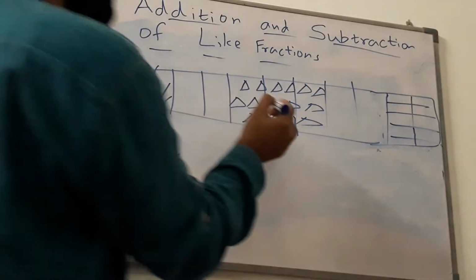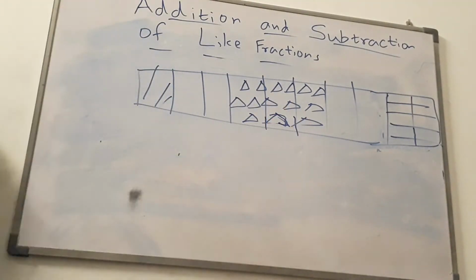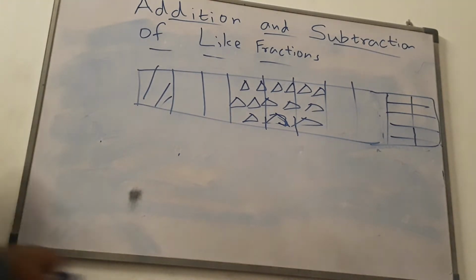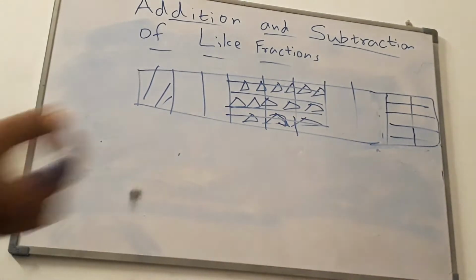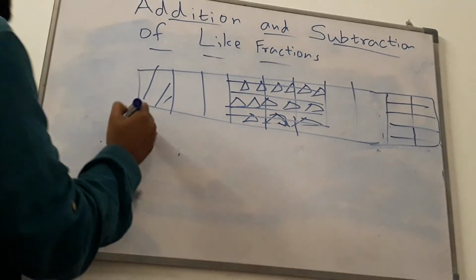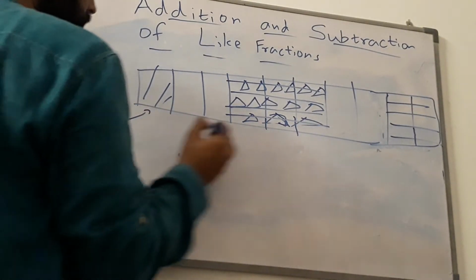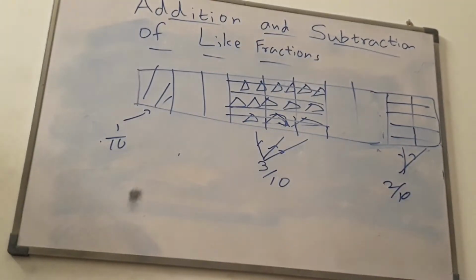Here this is 1/10. This means 3/10. This means 2/10. Okay, 2 tenths, 3 tenths and 1 tenth.